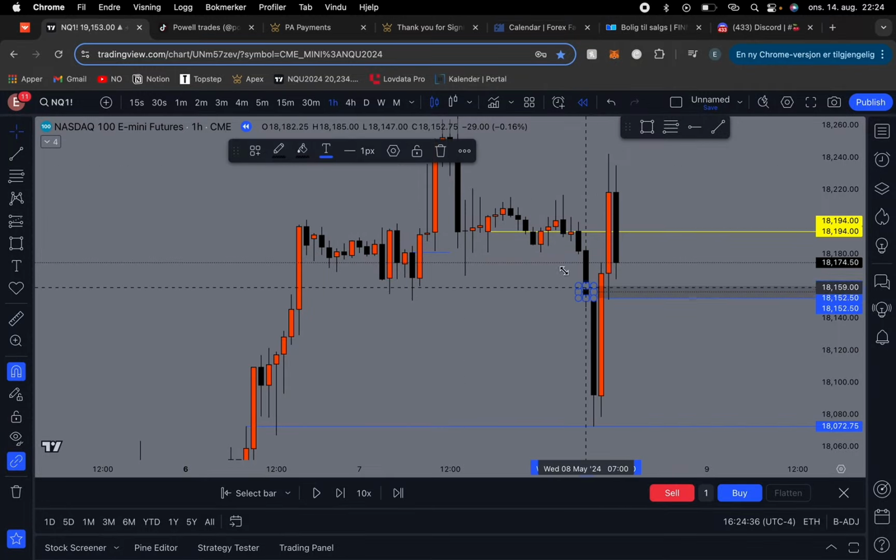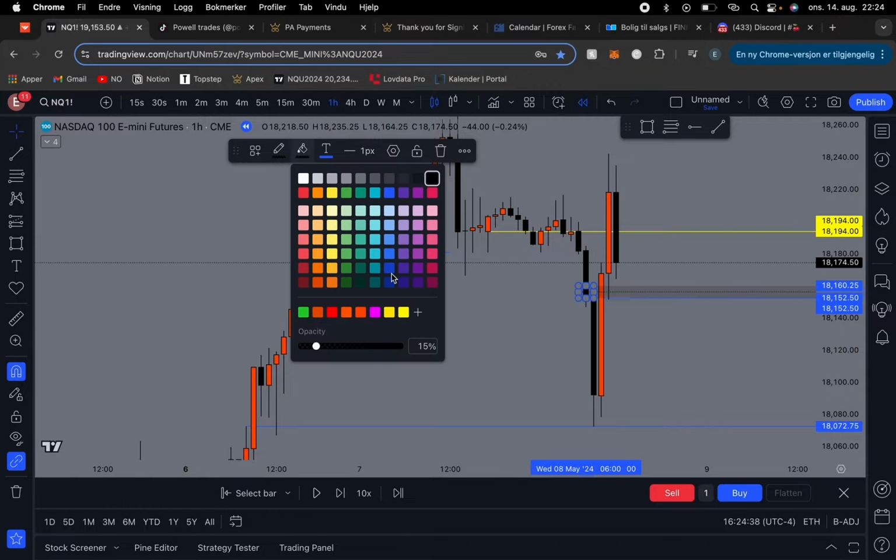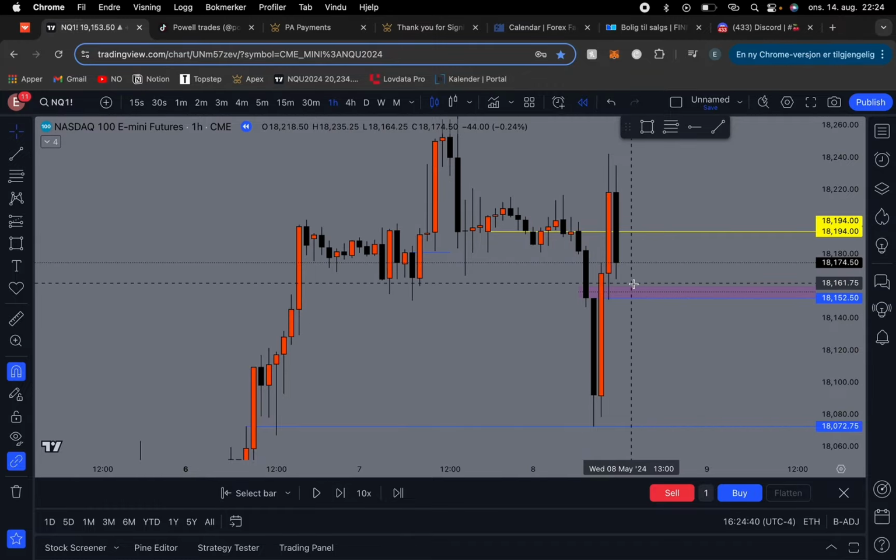I'm not saying there is. Let's just imagine that there was a tiny 1 hour FEG right there. This candle right here would inverse that FEG, and we would have a change in state of delivery. This is a really, really good change in state of delivery. If you want more confluence, then this is perfect.